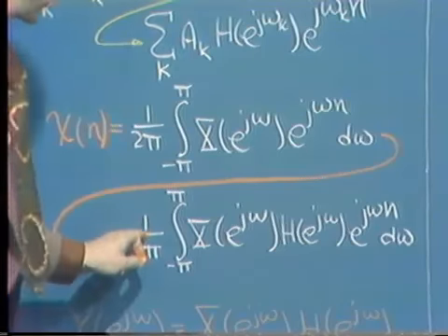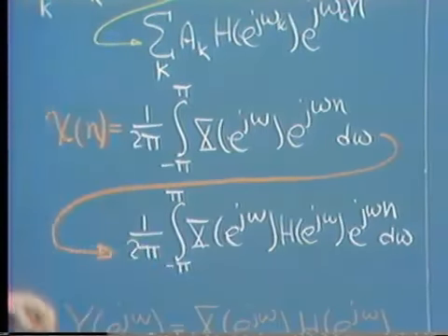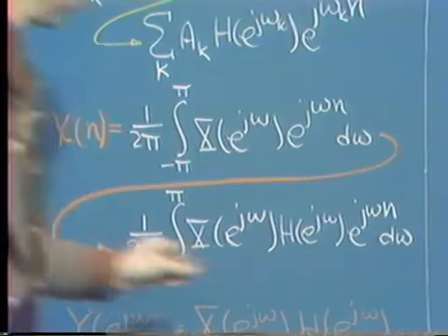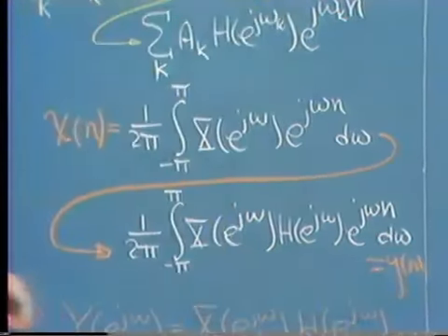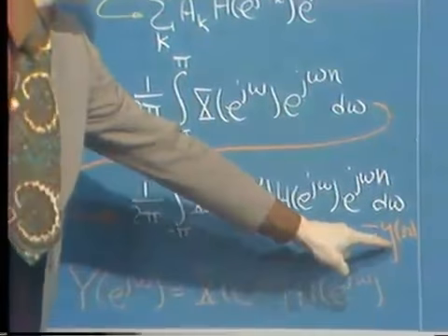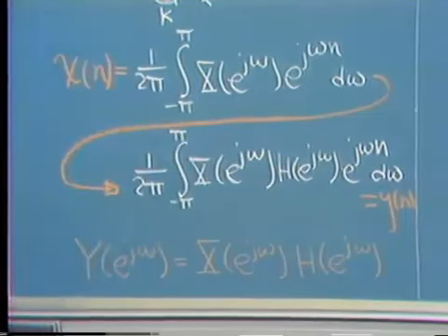Well, this, of course, is the expression for the output. We put in x of n. We know that we're getting out y of n. So obviously, this then must be the Fourier transform of the output of the system.